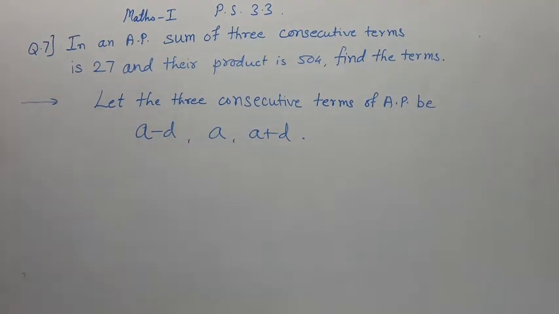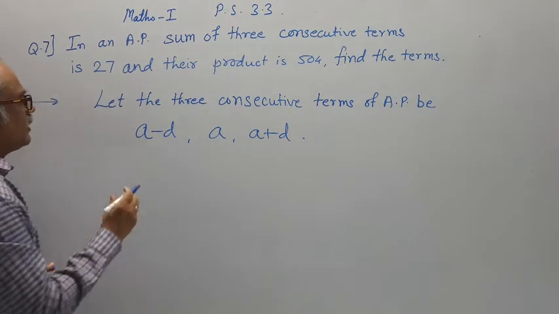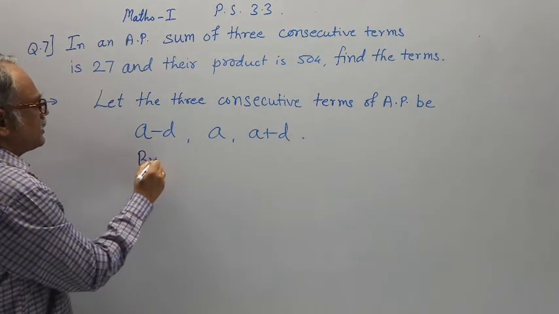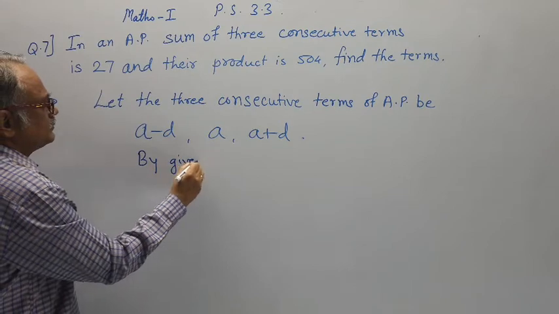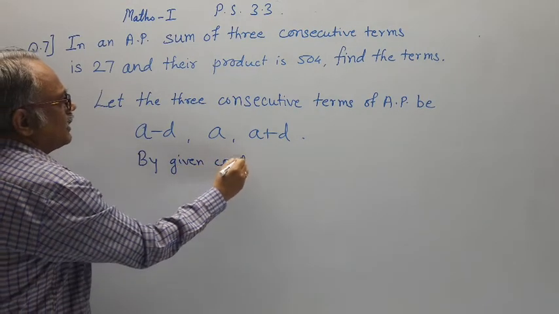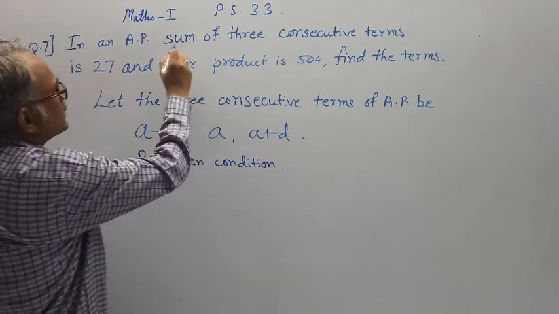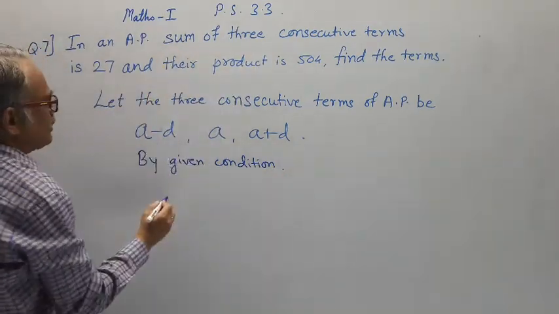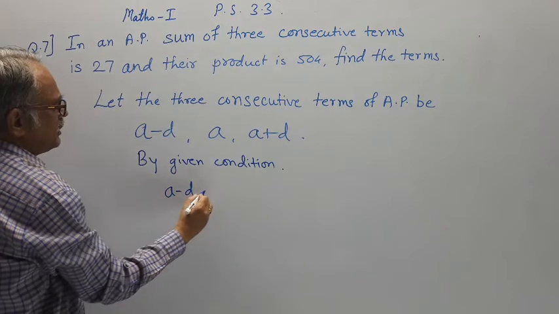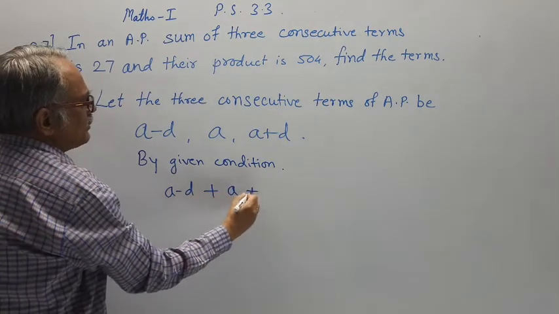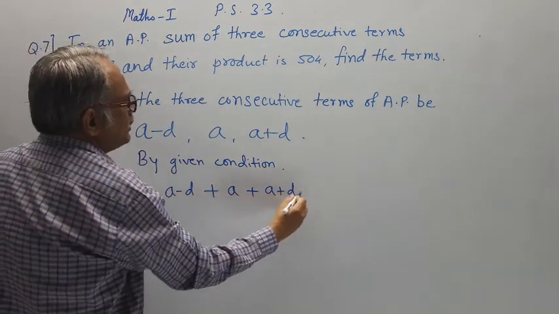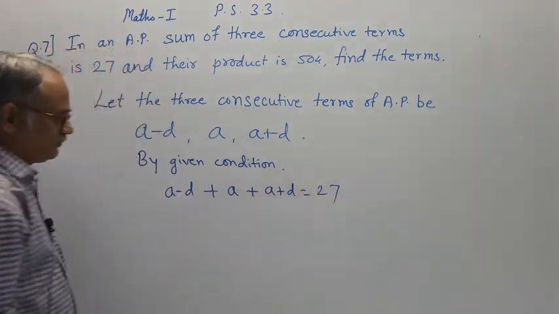By the given conditions, there are 2 conditions. One is the given sum, the second is the given product. The sum of the 3 is given as 27. A minus d plus a plus a plus d is 27.